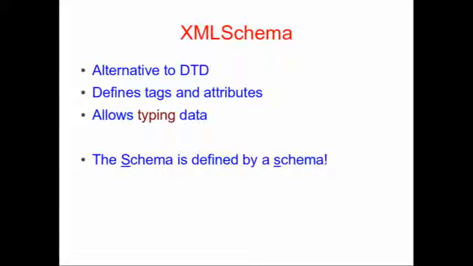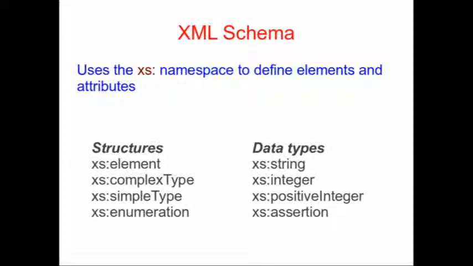The XML schema is similar to the DTD that we've already seen. It describes what can and cannot be in an XML file, but it also allows typing of the data, as we'll see. So XML schema uses the XS namespace, and you can have structures and you can have data types. Some example structures are shown here: element, complex type, simple type.